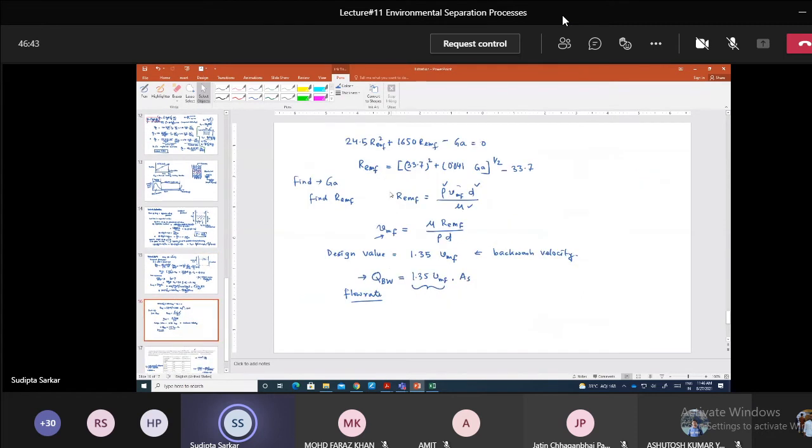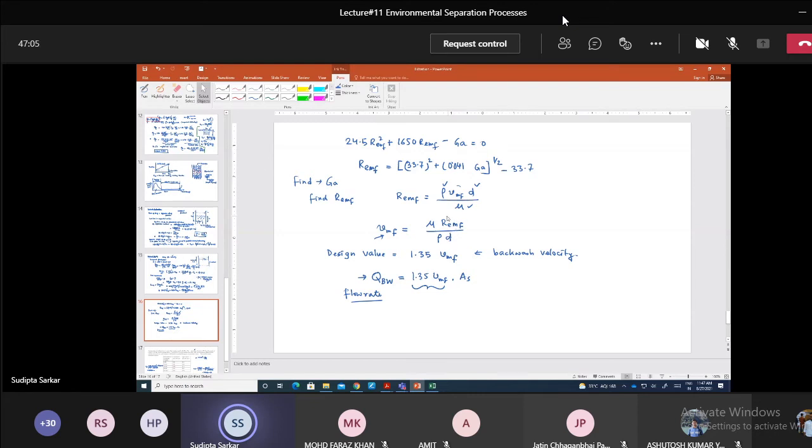So we have found out how to find the minimum velocity for the backwash. This is nothing but equal to mu REMF by rho d, where d is the diameter.